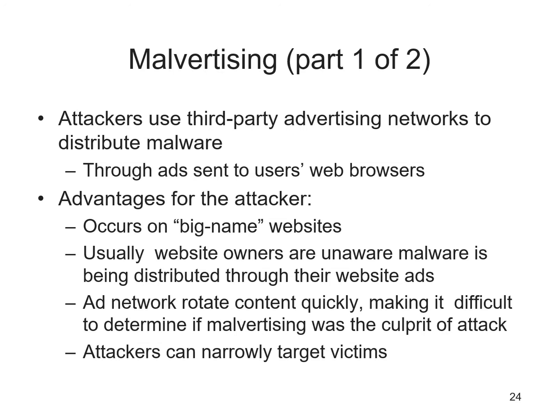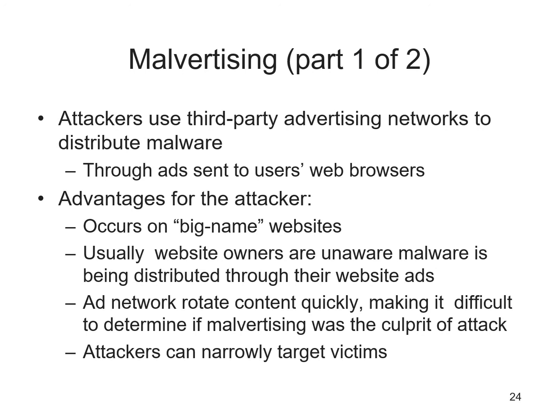As soon as the user clicks on it, that code is downloaded on the computer, and then they get affected. So attackers use third-party advertisement networks to distribute the malware through ads sent to the user's computer through the browsers, because that space was there for advertisement. Now, who will be running an advertisement over there, and whether that's authentic or not, they take the benefit of it.